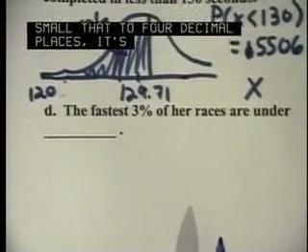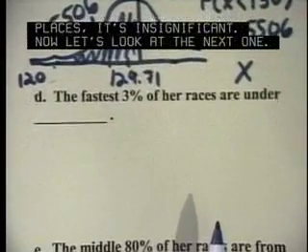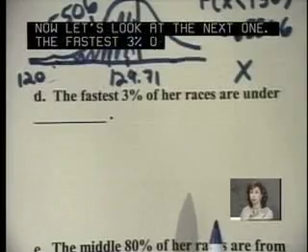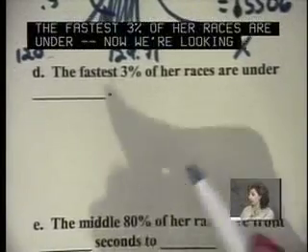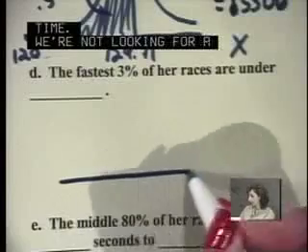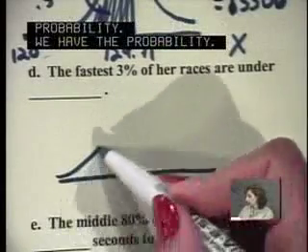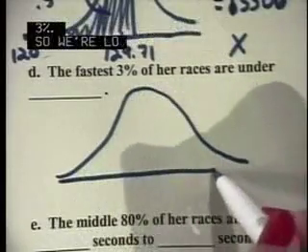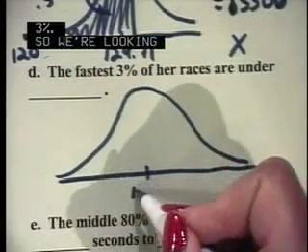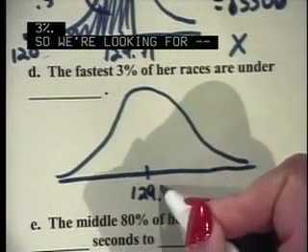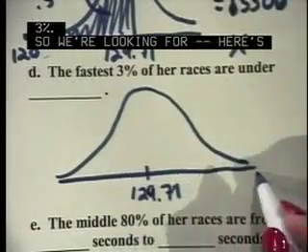Now let's look at the next one. The fastest 3% of her races are under, now we're looking for a time. We're not looking for a probability. We have the probability, 3%. So we're looking for, here's 129.71. Here's x.